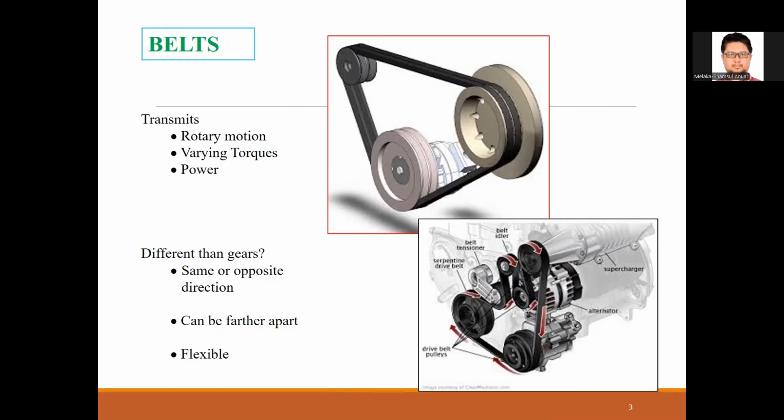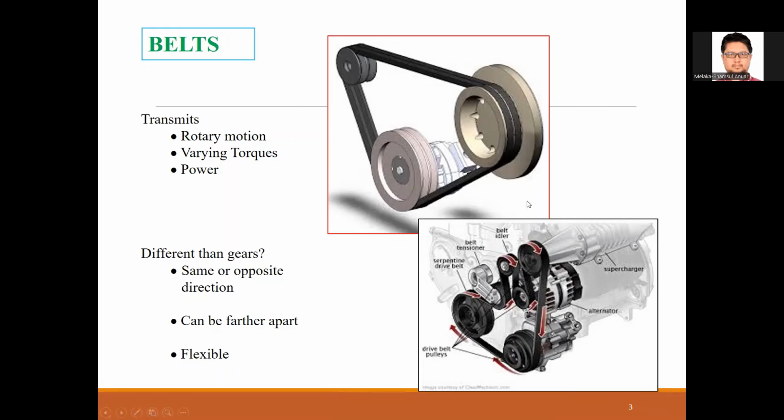Okay, and then speaking about safety, this one has a good thing: if something happens, like the motor spins a bit faster than usual, there's a power spike or something like that, because this thing is flexible, it can slip, which is not desirable, but things can happen.